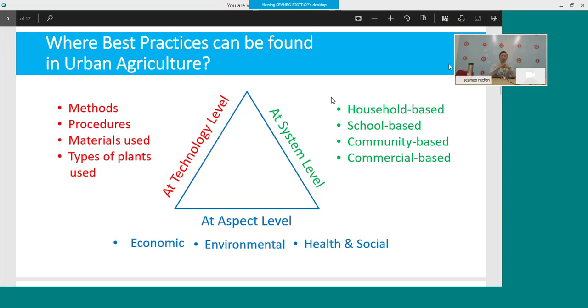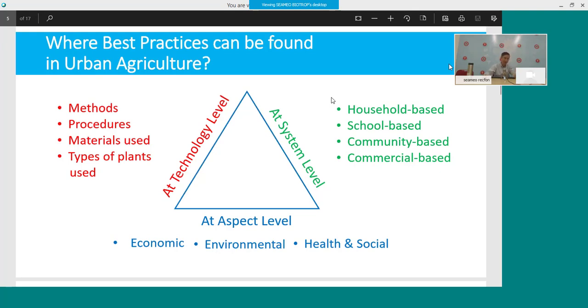And when we talk about aspect level in urban agriculture, we talk about whether we produce crops and vegetables for economic purpose, environmental purpose, or health and social dimension. So, for example, some schools now, they produce vegetables and they also sell.